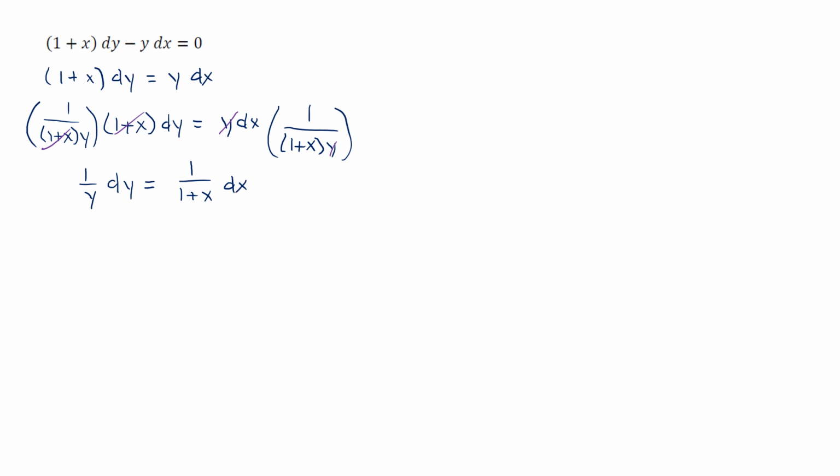Next, after moving things until one variable is contained on one side and the other variable on the other side, I'm now going to integrate both sides of the equation. We take the integral of the left side and the integral of the right side.